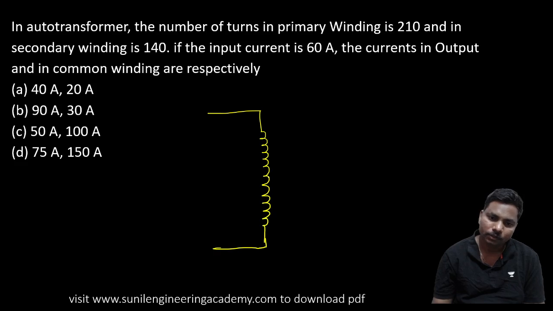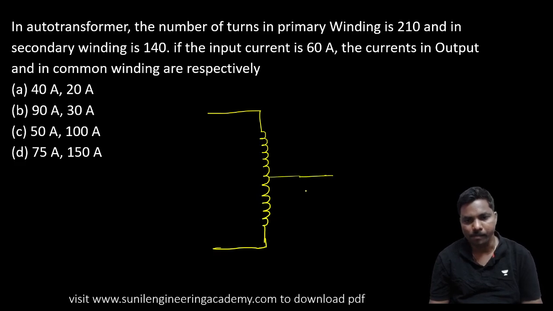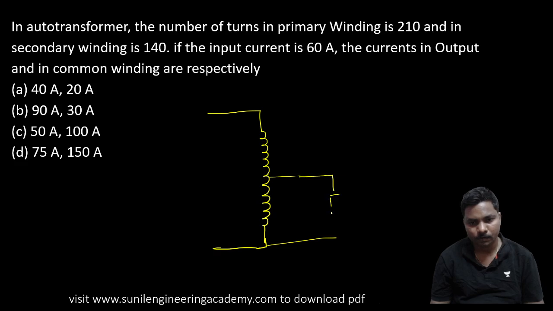The secondary is connected across part of it. Across the load is V2 and this is I2. This is the primary current I1, and this is the voltage V1. They have given the input current, 60 amps.